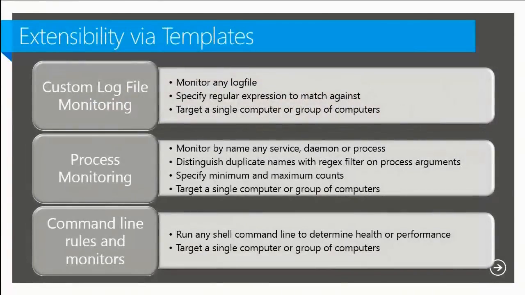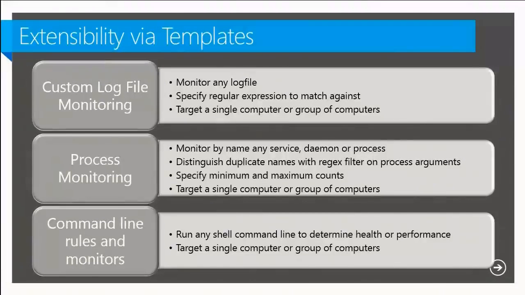And these templates, so again, custom log file monitoring. We just go to the authoring pane, launch the management pack template for Unix Linux log file, specify the log file and a regular expression, target a group of computers. It's that simple. Same with process monitoring. Walk through a similar template, select a group or an individual computer, and you can browse out and see a list of running processes if you don't know the exact process name.